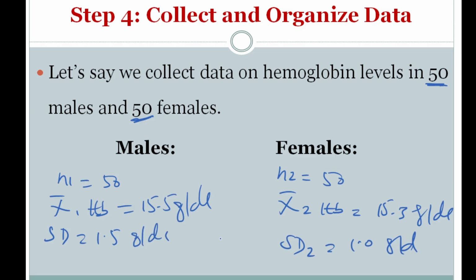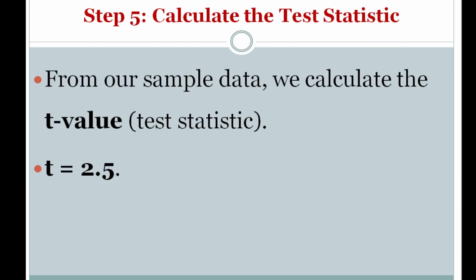Okay, so this step is the collection and organization of data. Now after that, what we will do, the fifth step is calculate the test statistic. In our case, the test was independent sample t-test. Now we will find out the value of that test statistic. For example, in our case, we found the t-value to be 2.5.